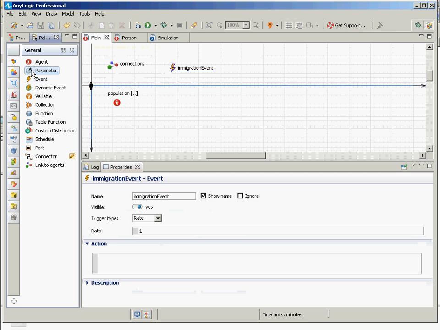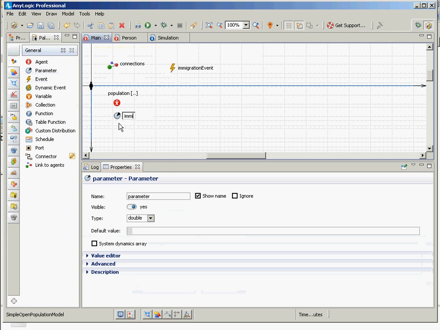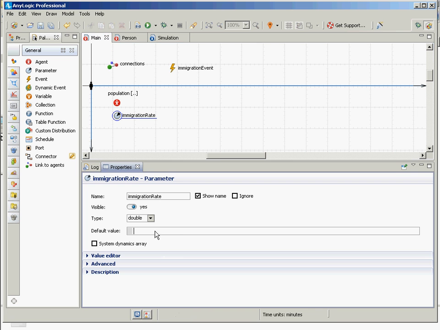How would I create a parameter of the model? Drag, okay. This will be the immigration rate, and this will be measured in average people per year. Maybe this is per day. Let me just think.